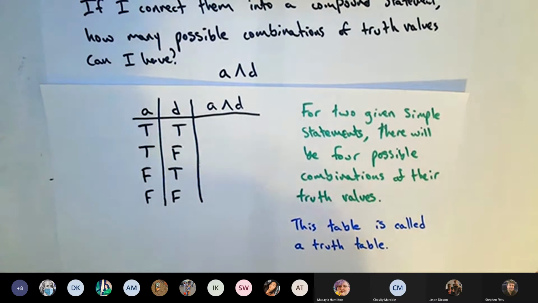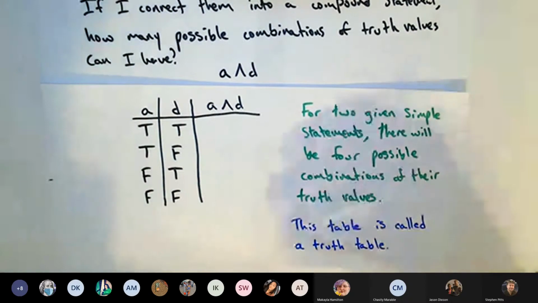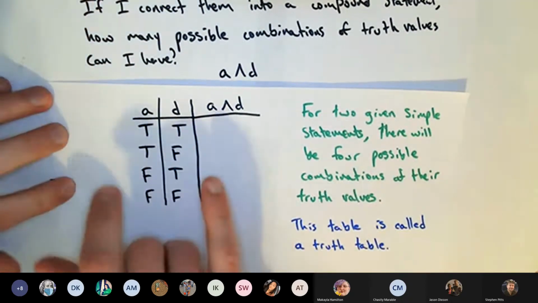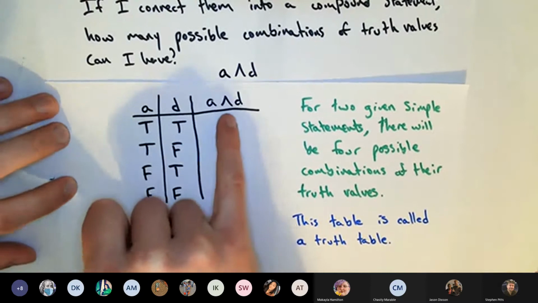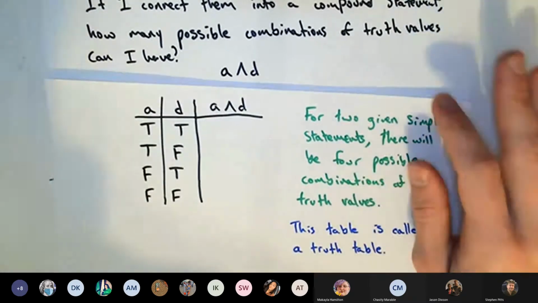You don't need to know how to explicitly define it. You can look at the definition if you'd like, but the point is we're going to be working with truth tables and figuring out how different combos affect these different connector pieces. So let's get into that.